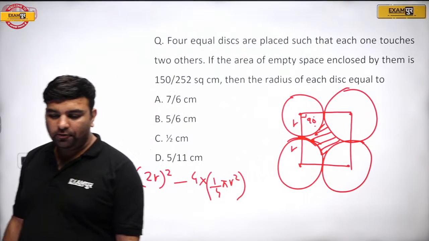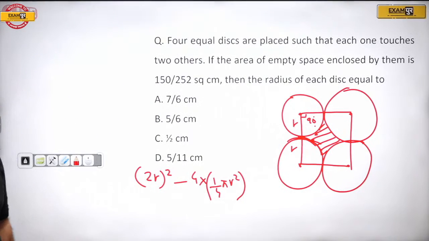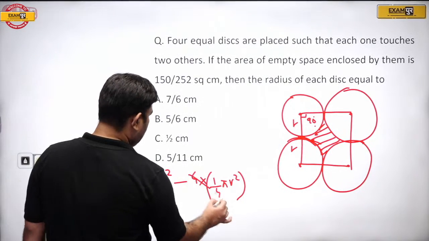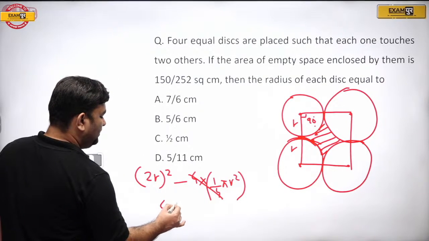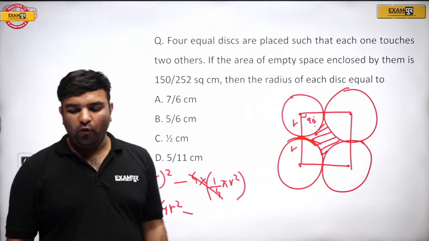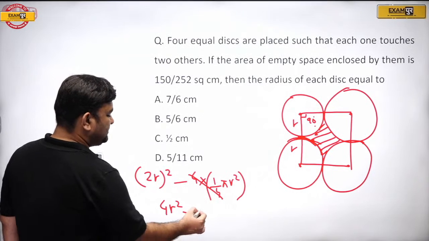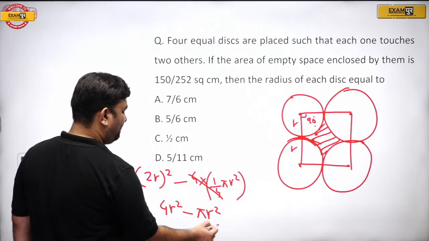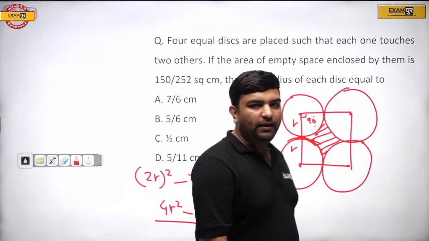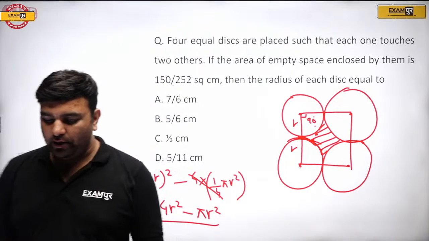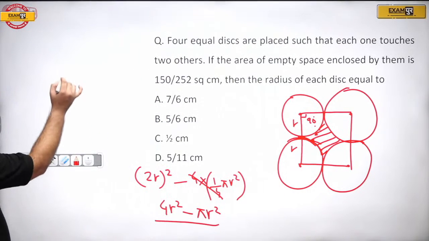Four quadrants give pi r square. So the area of the middle portion is 4r square minus pi r square.